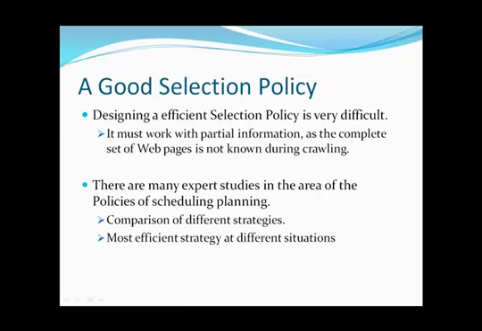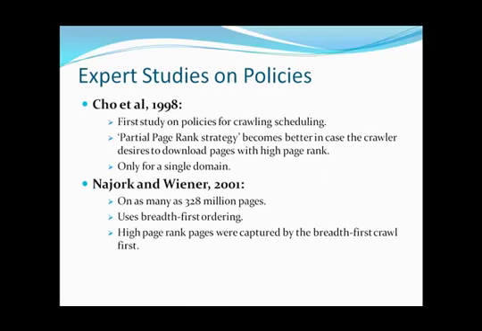Many web experts have studied the policies of schedule planning for web crawling carefully. We will look at a brief description of these studies. In 1998, Cho et al. conducted the first study on policies for crawling scheduling, in which a crawling simulation was done with different strategies.